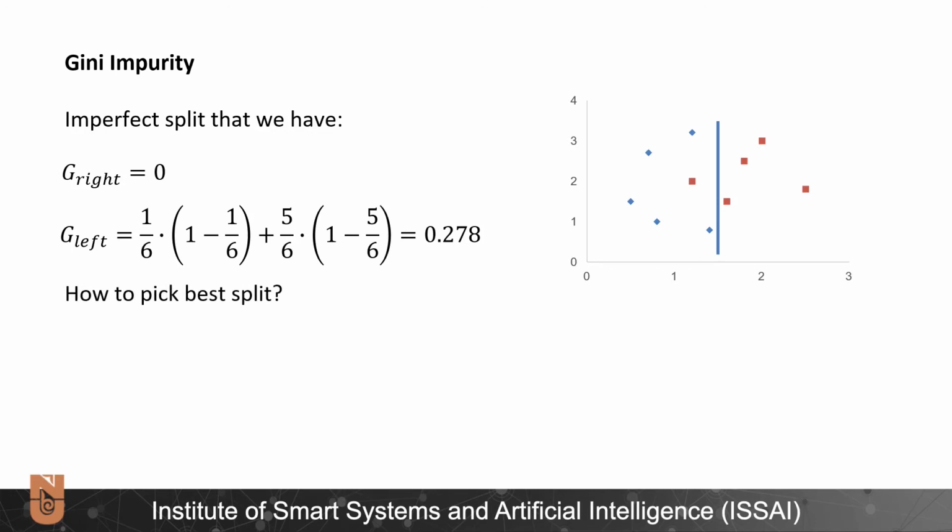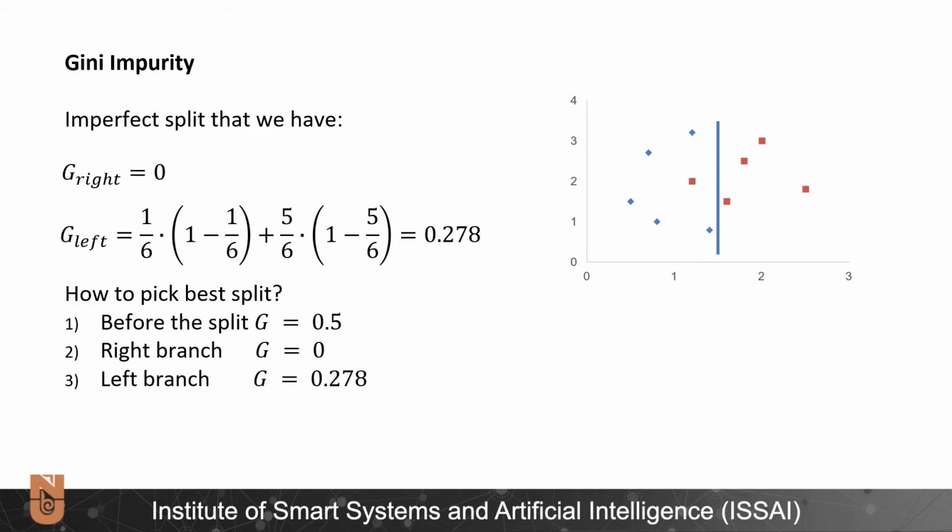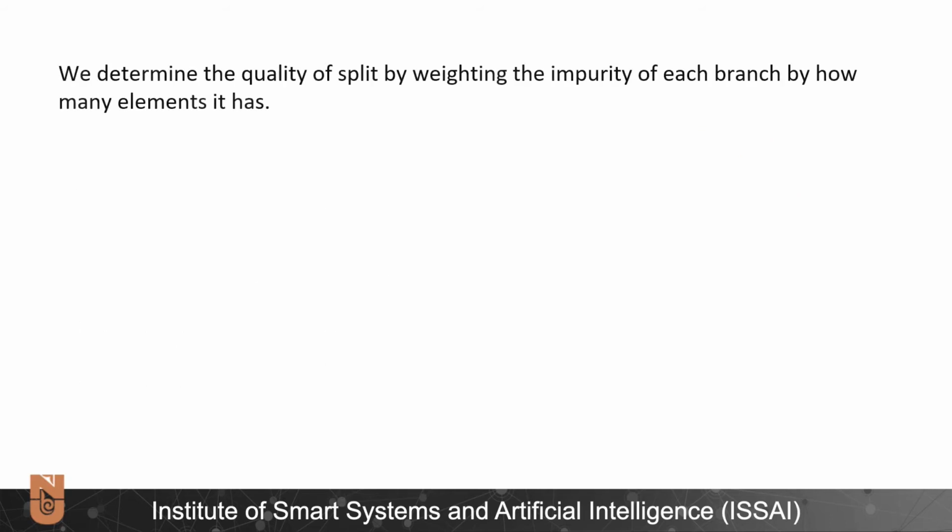And how do we pick the best split? Before split, we had a Gini impurity of 0.5, and after the split, we have on the right branch Gini impurity equal to 0, and on the left side, Gini impurity is 0.278. We determine the quality of split by weighting the impurity of each branch by how many elements it has.